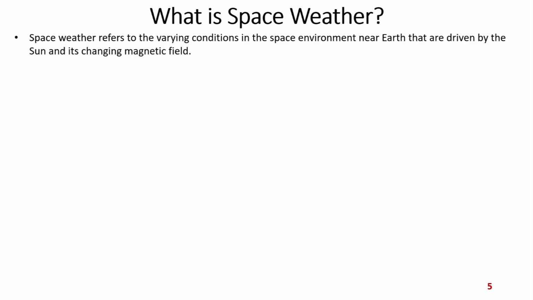The formal definition of space weather: it refers to the varying conditions in the space environment near Earth that are driven by the sun and its changing magnetic field. We will try to understand how the sun and magnetic fields are related, and how space weather affects space as well as ground-based systems.